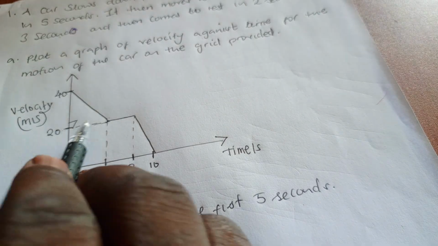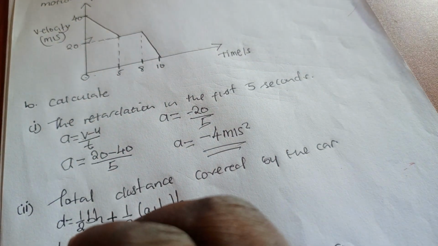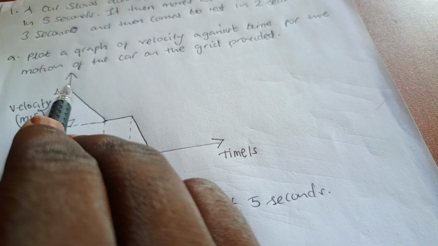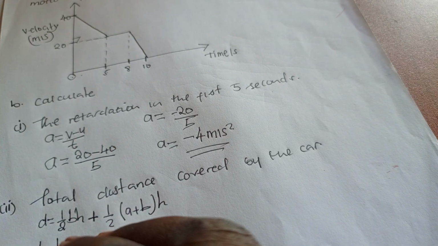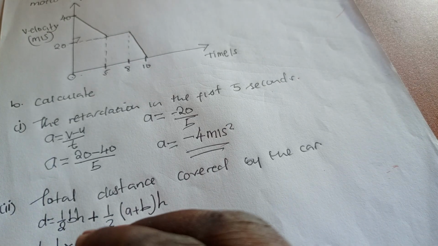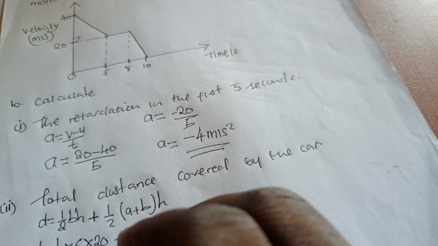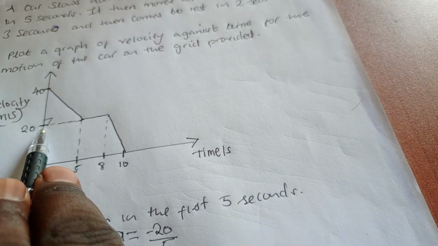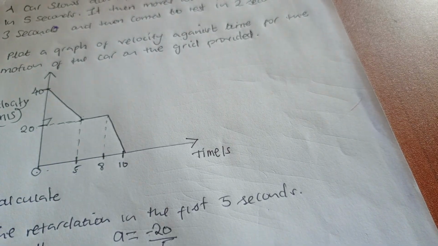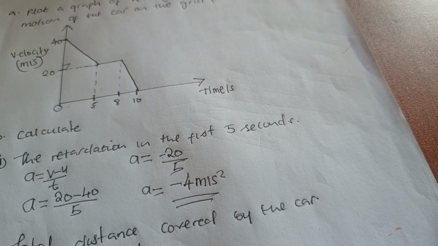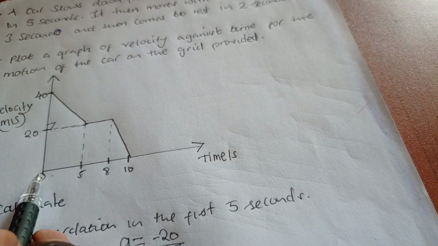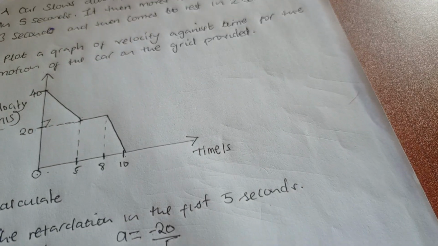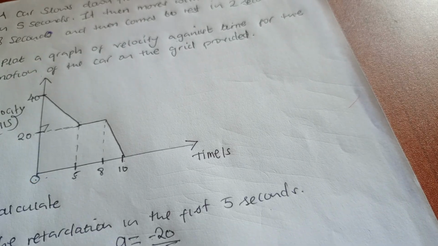The base of the triangle is 5, and the height of the triangle is 40 minus 20, which is 20. For the trapezium, A is from 0 to 8, which is 8, plus B, which is 10, then the height, which is 20.